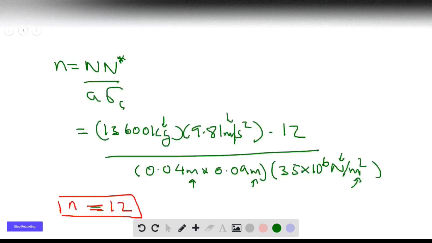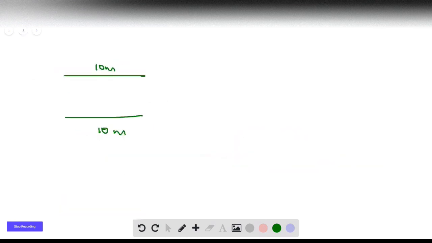The next thing we're looking at is if one side is 10 meters and we have 2 sides which are 10 meters, then we split, we have 12 columns, so each side is going to have 6 columns. 1, 2, 3, 4, 5, and 6. And that simply means that we have 5 gaps in between.